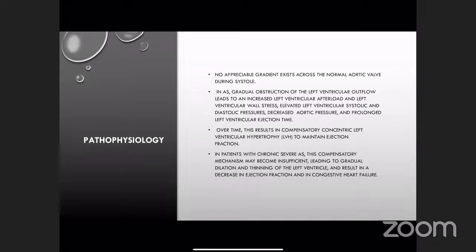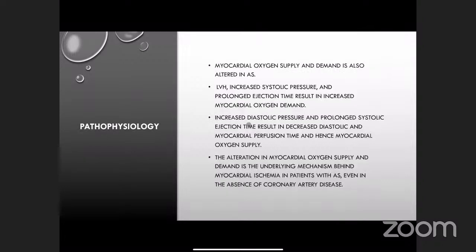Over time, this results in compensatory left ventricular hypertrophy to maintain ejection fraction. In patients with chronic severe AS, this compensatory mechanism may become insufficient, leading to gradual dilation and thinning of the left ventricle and resulting in a decreased ejection fraction and in congestive heart failure.